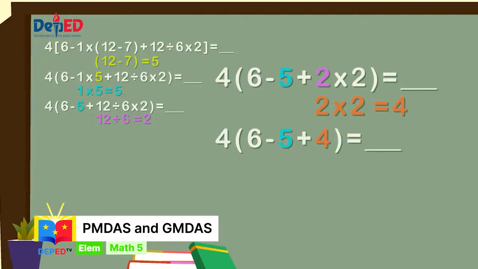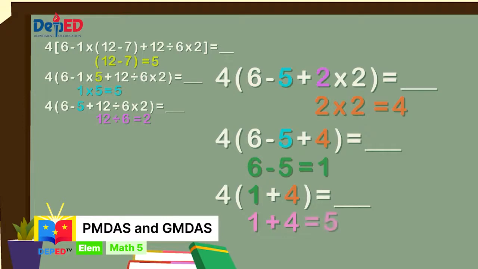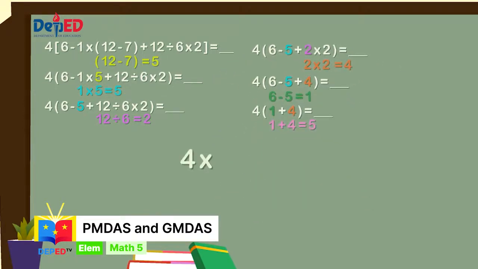This time, apply Rule 3. Subtract 5 from 6 to get 1. We now have 4, open parenthesis, 1 plus 4, close parenthesis. Then, add the quantity of 1 and 4 inside the parenthesis to get the sum of 5. Lastly, multiply 4 by 5. The resulting product is 20.